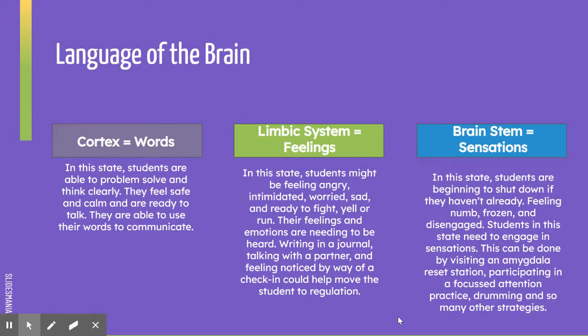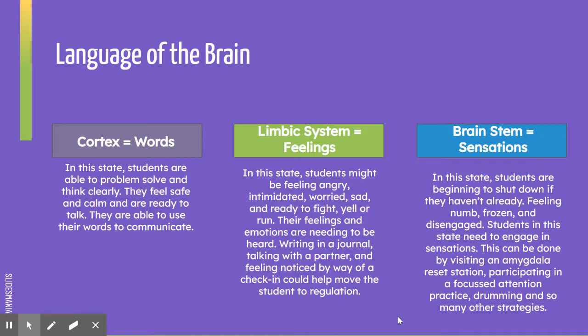So the language of the brain works like what you're seeing on your screen right now. The cortex works in words. So that's where we know our students are ready to communicate with us. They're very likely in their prefrontal cortex, ready to discuss, problem solve, and they're thinking clearly. If someone is in their limbic system of the brain, the feelings that they are experiencing are their current language.